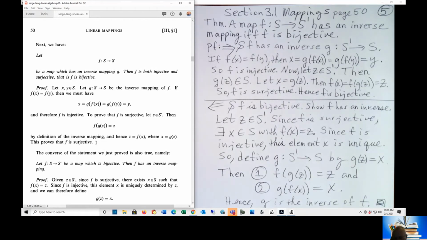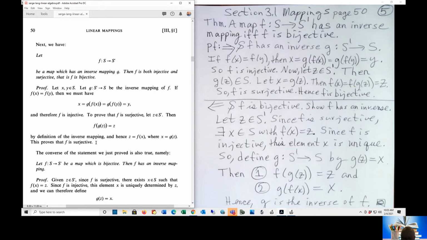Let X represent G of Z. Now let's apply the function F to that equation. F of X equals F of G of Z equals Z, because F and G are inverses. So we see that F is surjective, or onto S prime, hence F is bijective.